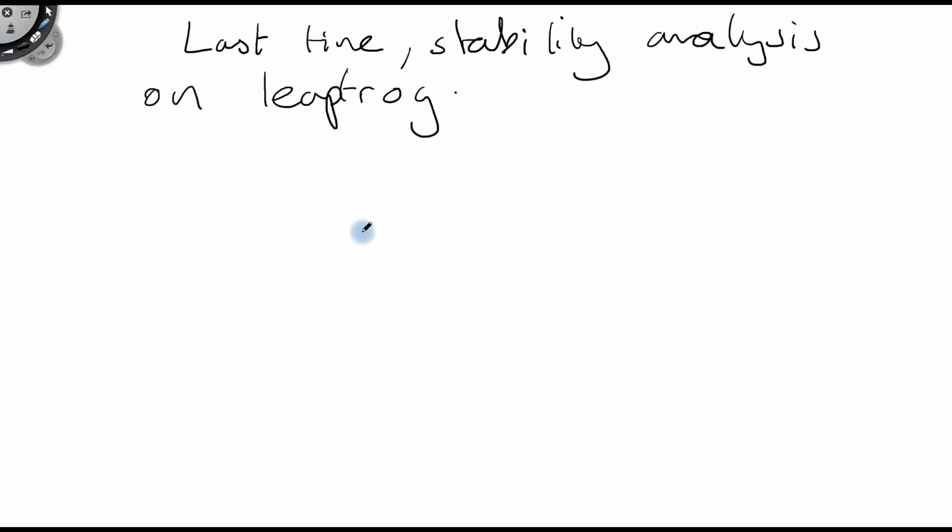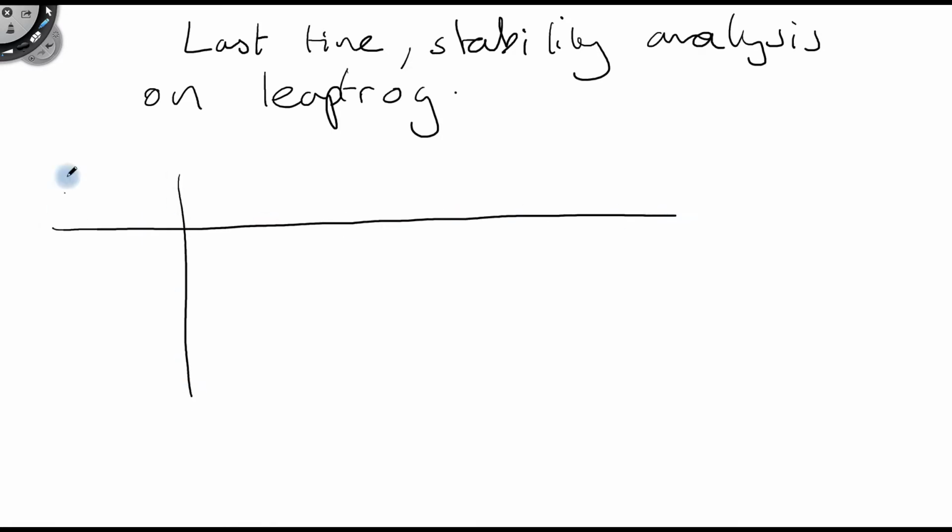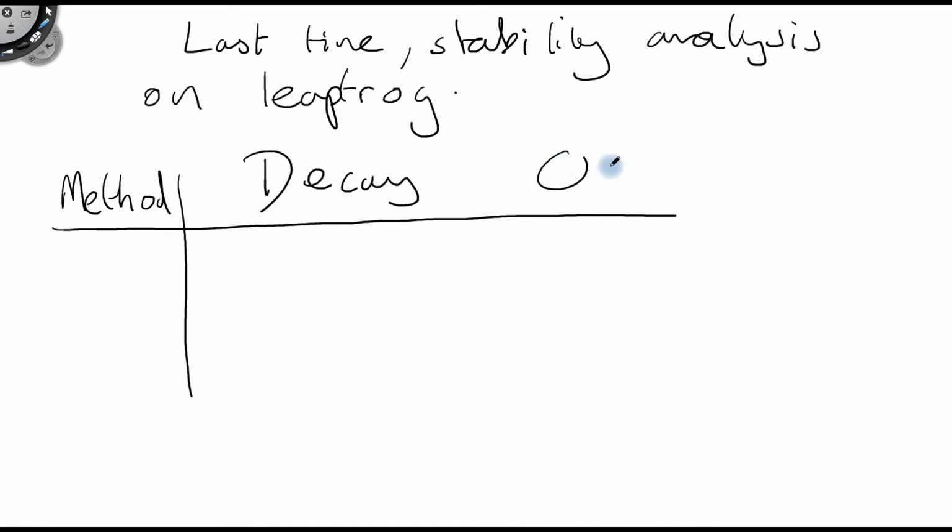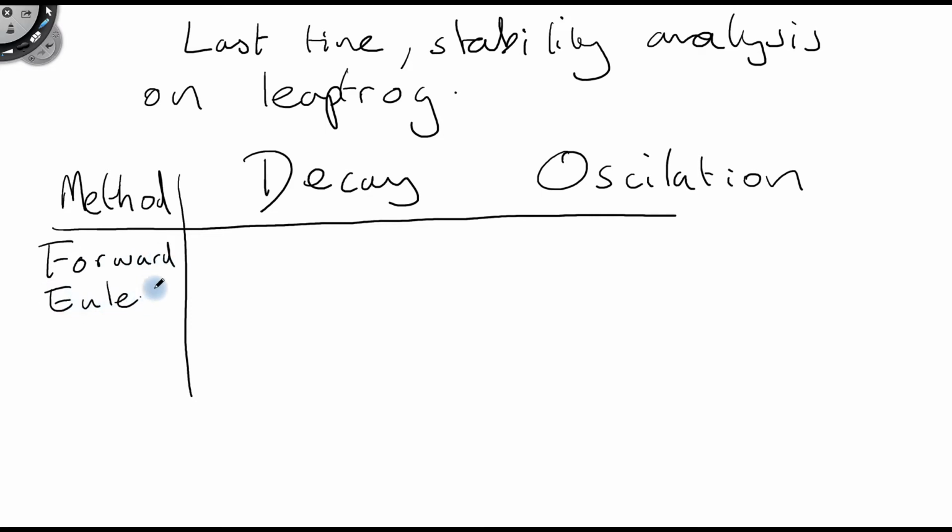So let's try and do a table. We have the method on the left hand corner here, and then we want to have the cases of decay, exponential decay, and oscillation. So we have the Forward Euler, and we have the Leapfrog.